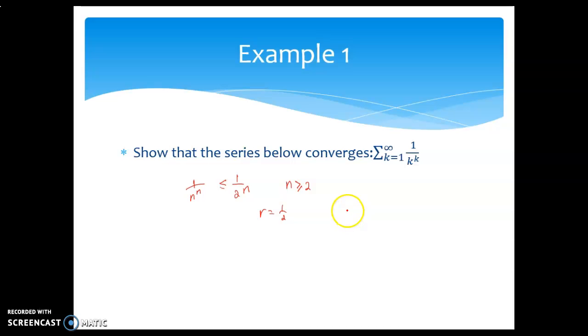So that means the series, k equal to 1 up to infinity of 1 over 2 raised to the power of k, is convergent. That means this one is also going to be convergent.